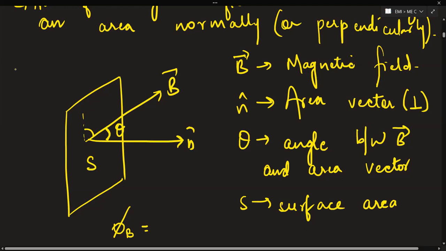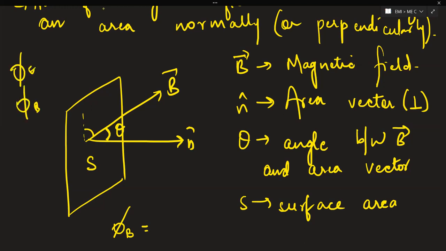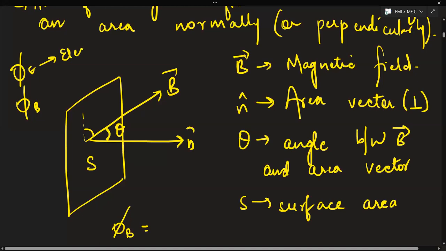Are you talking about phi E or phi B? It may happen that a charge is kept under the influence of both an electric field and a magnetic field, so magnetic flux and electric flux both exist. This is electric flux, this one is magnetic flux.